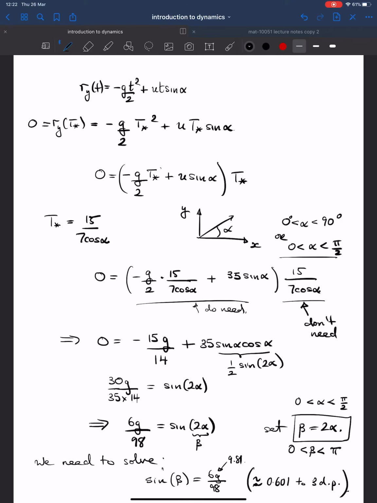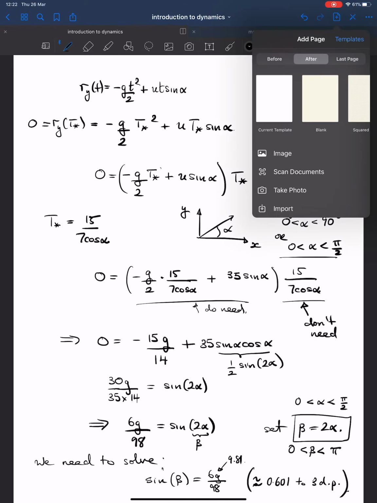So let's plot sine beta between 0 and pi and look at what we get. So I have sine beta, I have beta, pi, 0, and then I draw the usual curve.